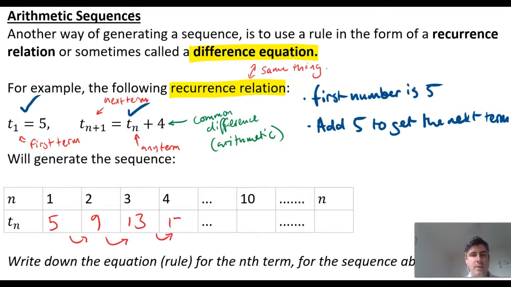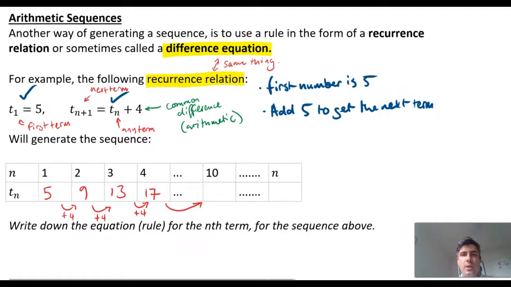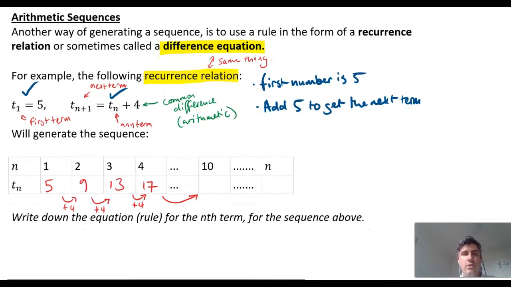And the next one after that you'd expect to be 17, because it's plussing 4 every time. Now, sometimes you want to jump all the way to the 10th term. For this, a difference equation takes a long time because you've got to do every single one step at a time. But an equation or a rule allows us to get to any term with one calculation.